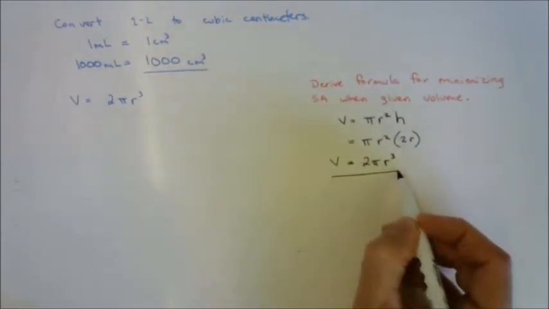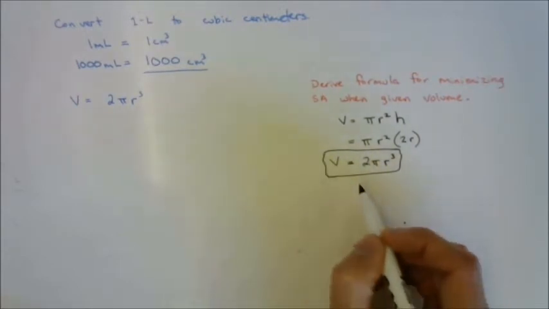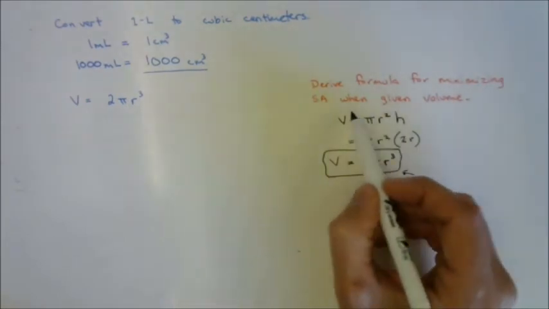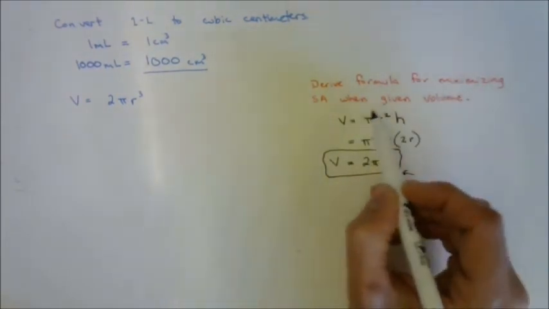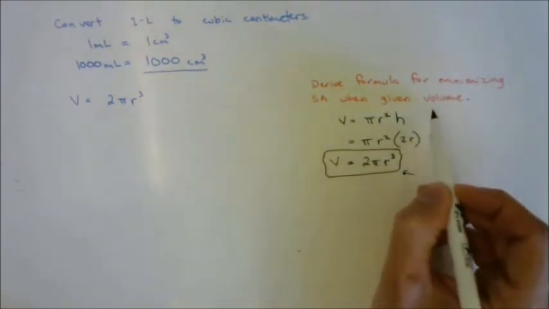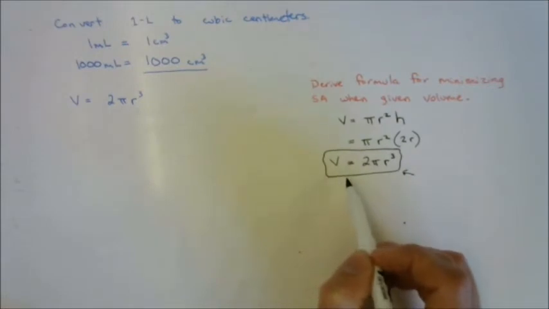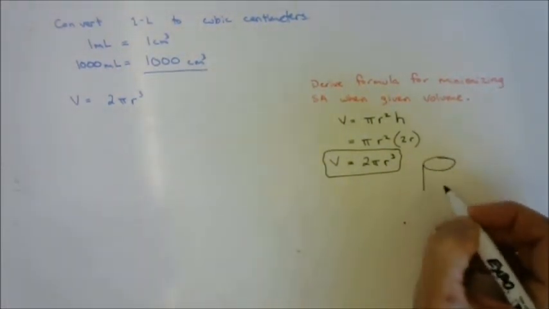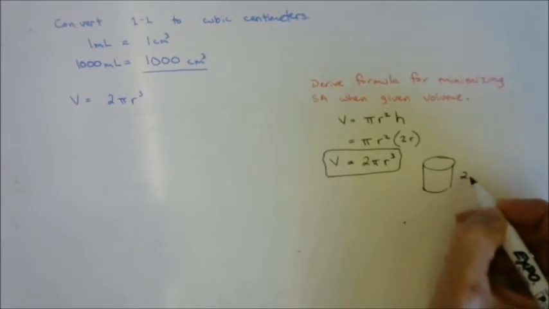So this volume formula is special for minimizing surface area when given a volume. This is the volume that will give you the max volume. So this is special for a cylinder that has a height of 2R.